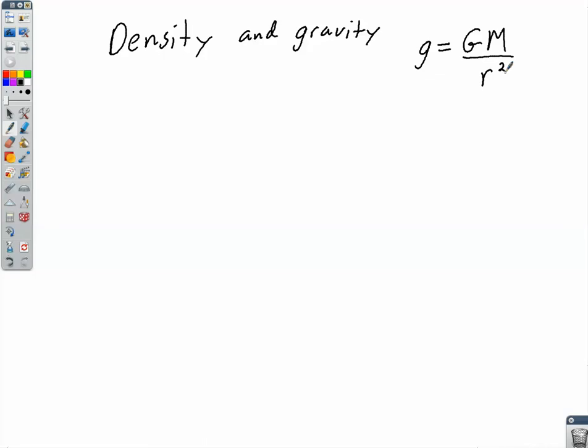Well, we know that mass is related to density and volume. So let's go ahead and throw in a density equation here. The density of a sphere, and we're going to say that Jupiter is roughly a sphere, is equal to its mass divided by its volume. And the volume of a sphere is equal to 4/3 pi r cubed.